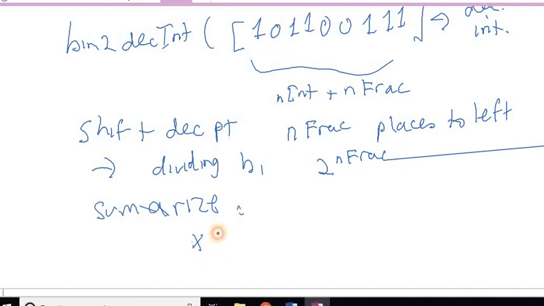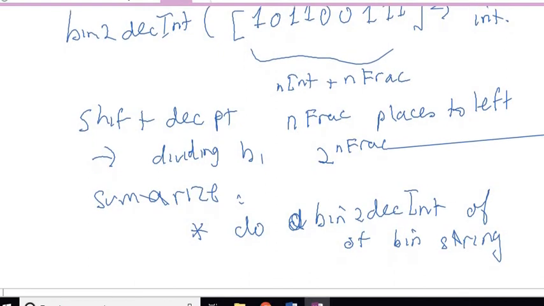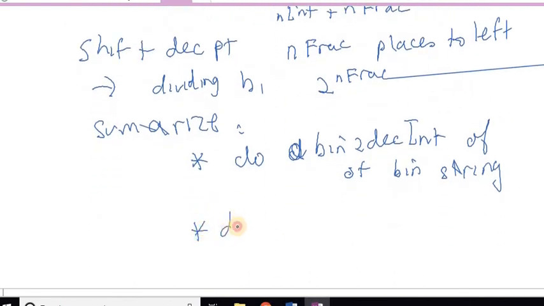Okay, so we do the integer conversion, so I guess it's bin2decInt of the entire binary string, and then the second step is simply going to be divide by 2 to the nfrac. Okay, and that's going to get me my binary to decimal fixed point conversion.